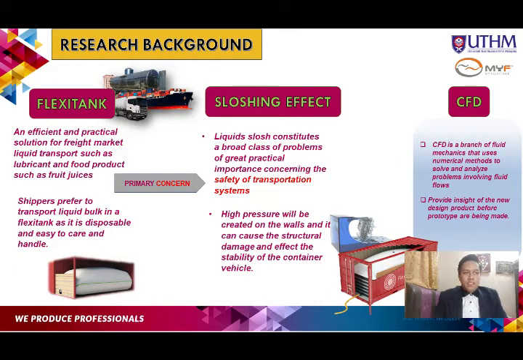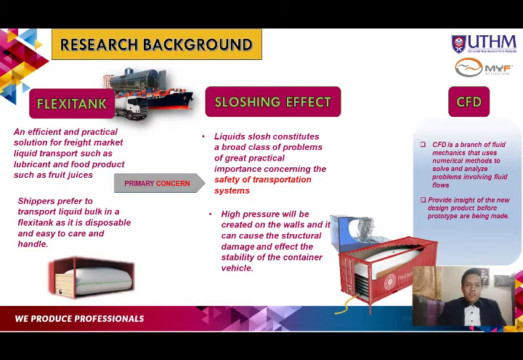When a tank is partially filled, the liquid tends to slosh violently due to certain motions. Through the violent liquid movement, highly concentrated pressure is created on the walls, and it can cause structural damage and also affect the stability of the container vehicle.